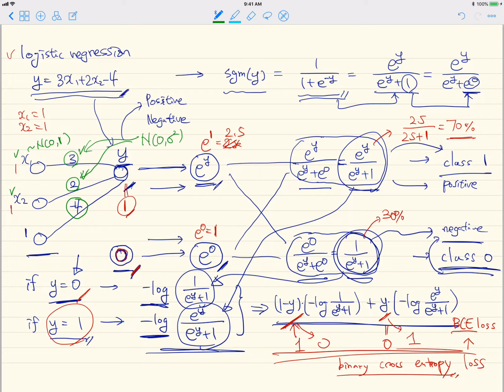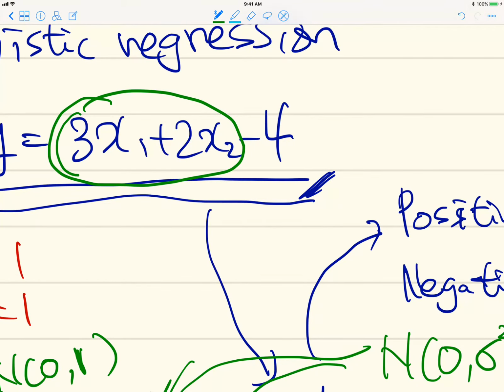And then what about the expectation value of this part? These two have zero mean and some variance, right? And x1 and x2 will also have zero mean, right?